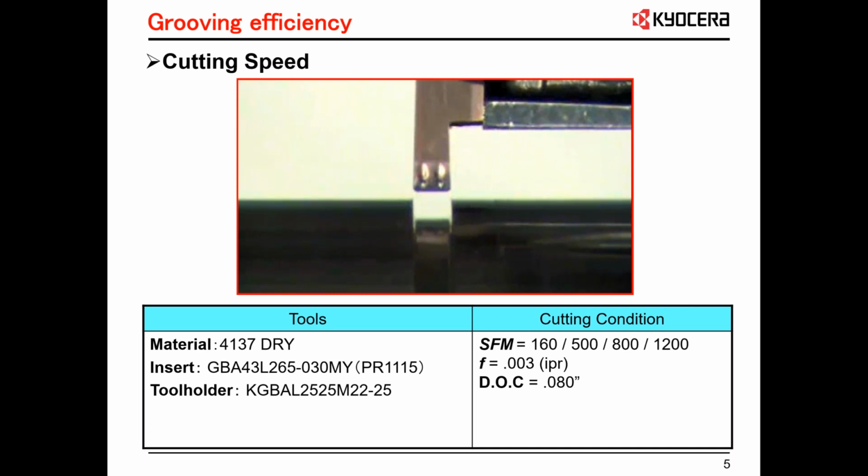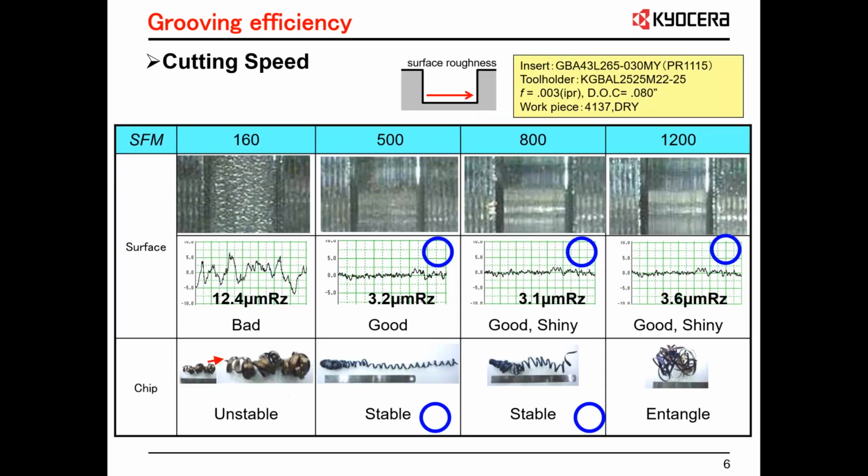Okay. So on all these, of course, you saw cycle time basically improving, the faster we went, but let's look at what's actually happening with the determinants of speeding up your cycle time. So if we look at the finish across the top of the chart at the different speeds here, at the lower speed, as we've discussed many times, your surface finish is going to be out of whack.